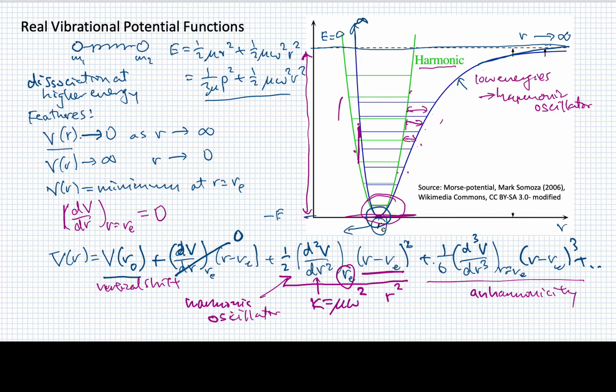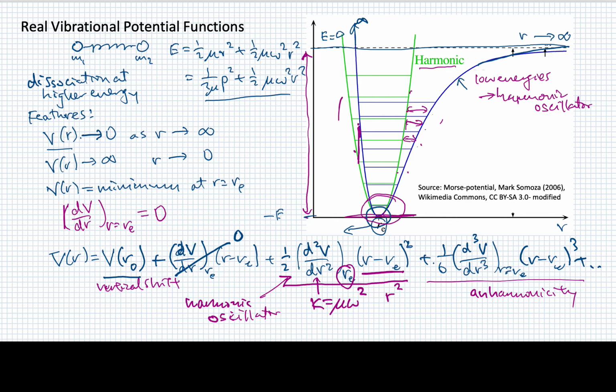So what this is all telling us is that the harmonic oscillator is going to be a great model down at low energies, but as we go higher in energy, we should expect that it will not be as good a model for what's going on vibrationally, for any sort of coordinate. Now, this basically summarizes when we can use the harmonic oscillator model as a realistic model for vibration and when it might be less good to do it.